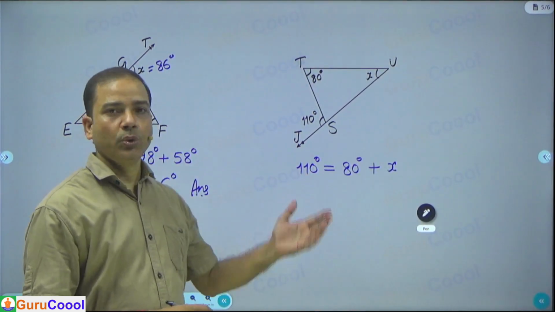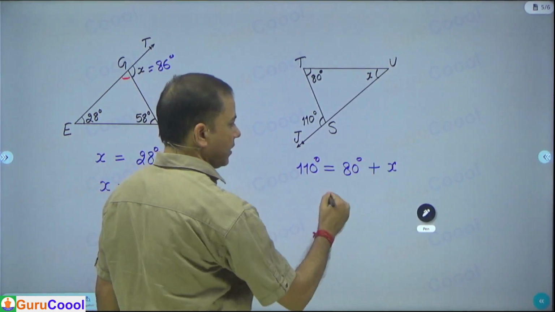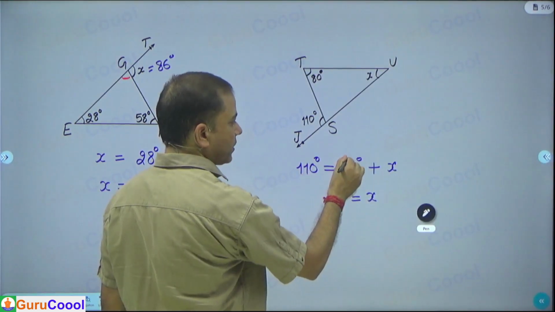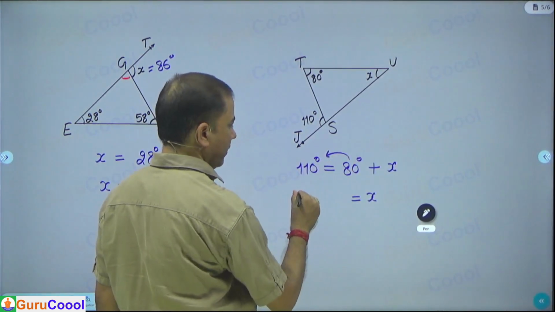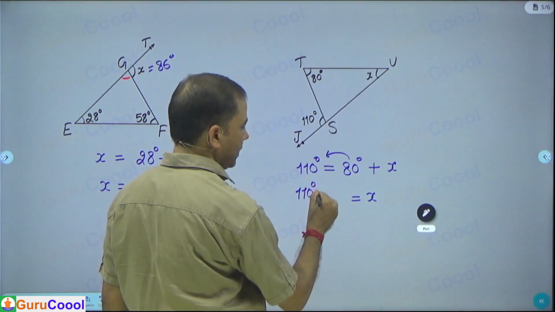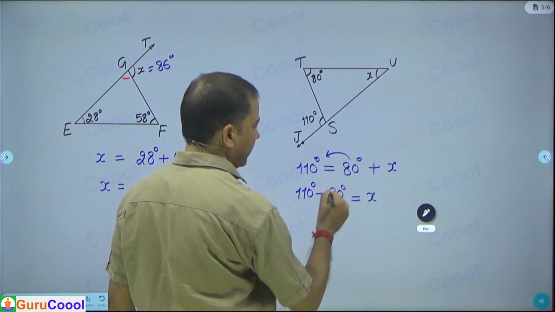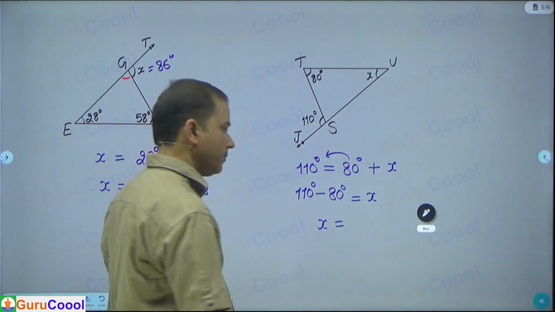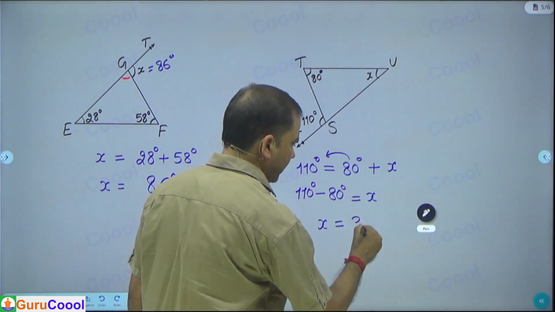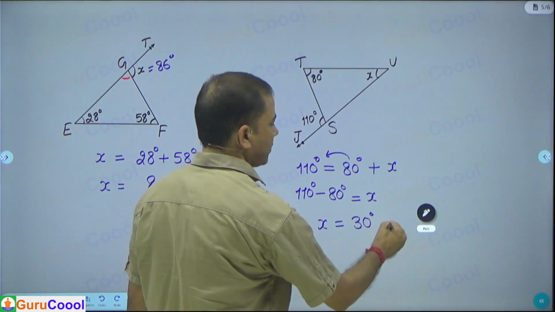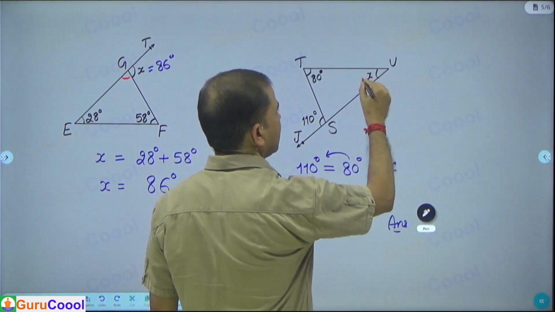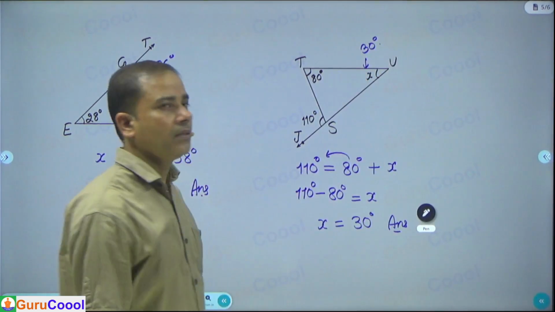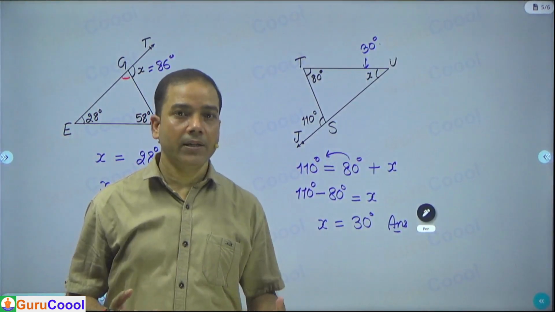Let us solve it to get the value of x. x is equal to 110 degrees minus, this will transpose to the left side, it will become negative, 110 degrees minus 80 degrees. So what's x equal to? 30 degrees. 110 minus 80 is 30 degrees. And this way we got that missing angle. This angle is 30 degrees. That's the answer. So this kind of question can be raised in your exam.